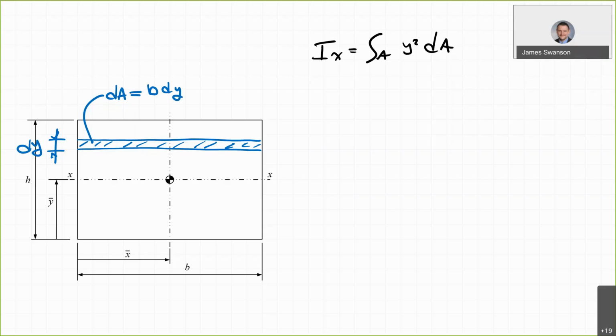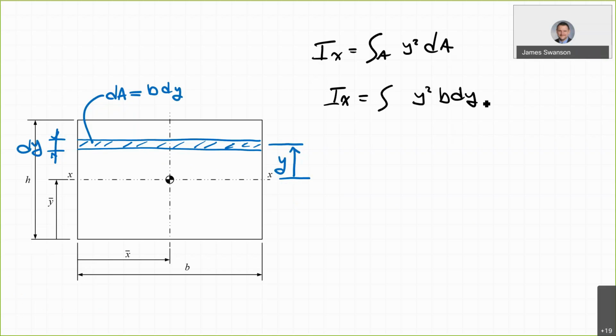Now the distance y is the distance from that axis measured to the center of our differential area. So that is the distance y, like that. Coming back up to my equation, I can do some substitution. I sub x is equal to the integral of y squared times dA, but I know that dA is now equal to b times dy.